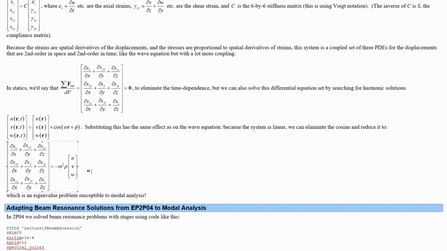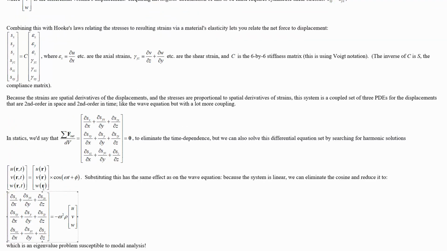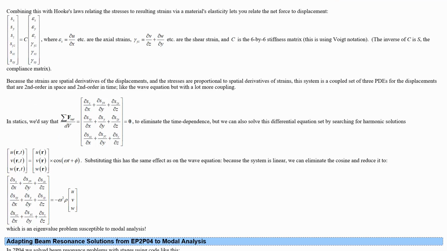We'll end up with the same trick as for the wave equation, where we just get the left side of this differential equation, but now only evaluated as space-dependent things, just using the amplitudes essentially, as u, v and w now represent the amplitude rather than instantaneous displacement, so no time dependence. This has to be equal to negative omega squared times rho times u, v and w on this side. And now we've got our eigenvalue problem.